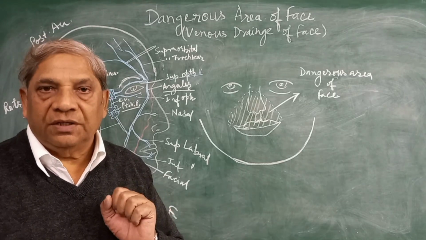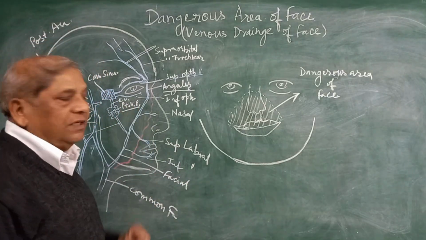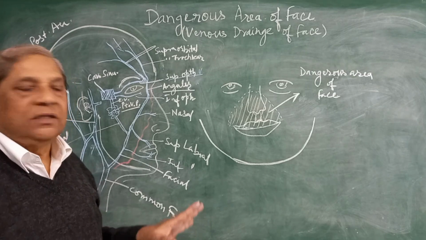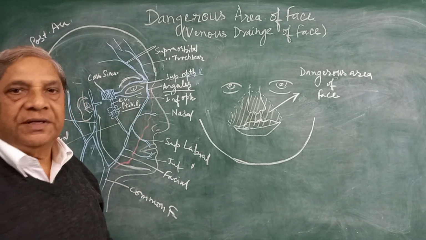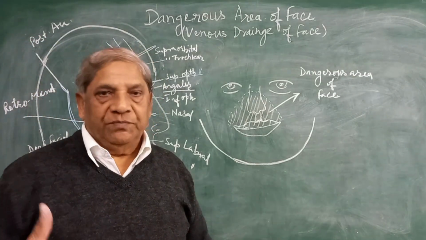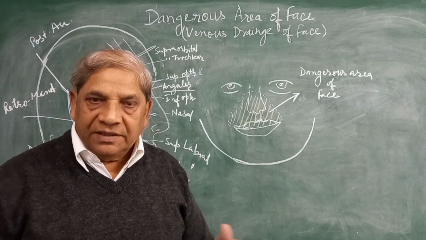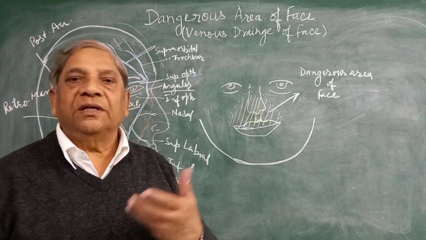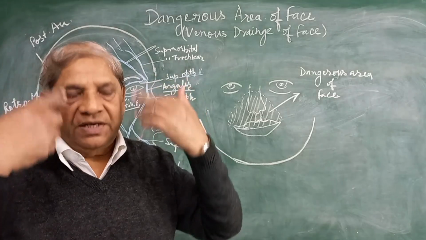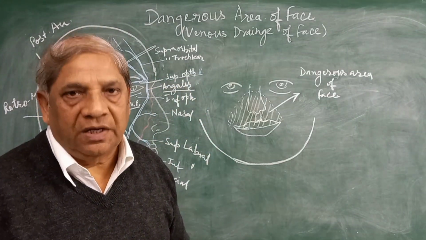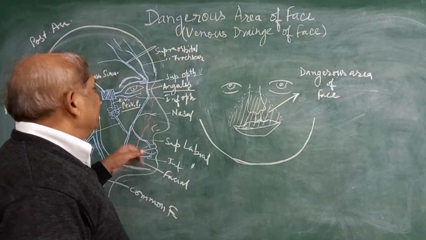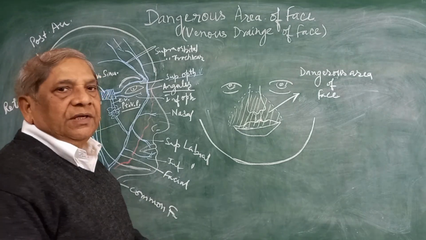Here it is not the case. Since the veins here are valveless, the blood can flow in any direction depending on the position of the head. If you are lying down, sleeping, then it can go in any direction. If you are standing, naturally it will go towards the heart only. Okay, so these veins are valveless veins.